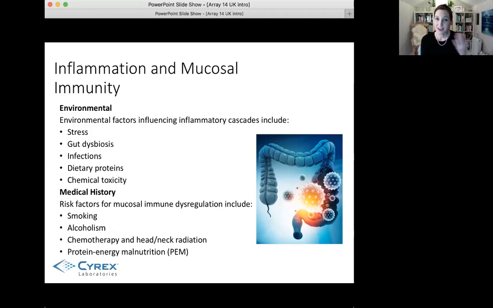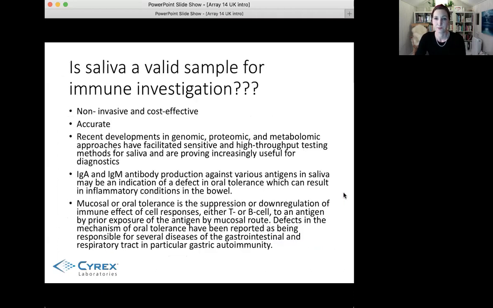So given that this is our situation, and that the focus needs to be on really supporting the immune system, it's very, very important to understand which environmental factors are in fact influencing the immune system in the negative.